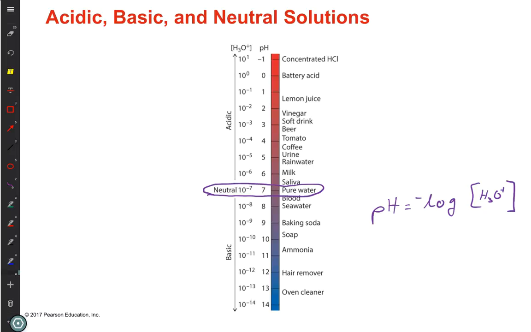And so we see some typical substances. We see soft drinks, a pH of around 3. Around 3 is a pretty strong acid. So soft drinks are pretty strong acids. But we have other common things that are stronger.